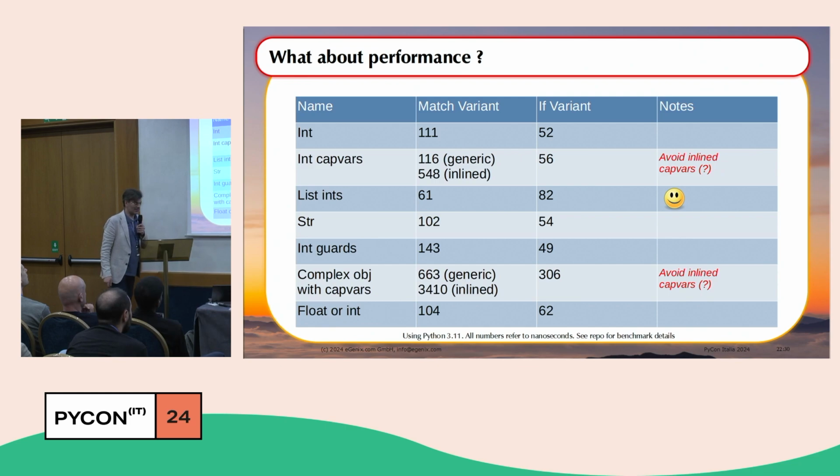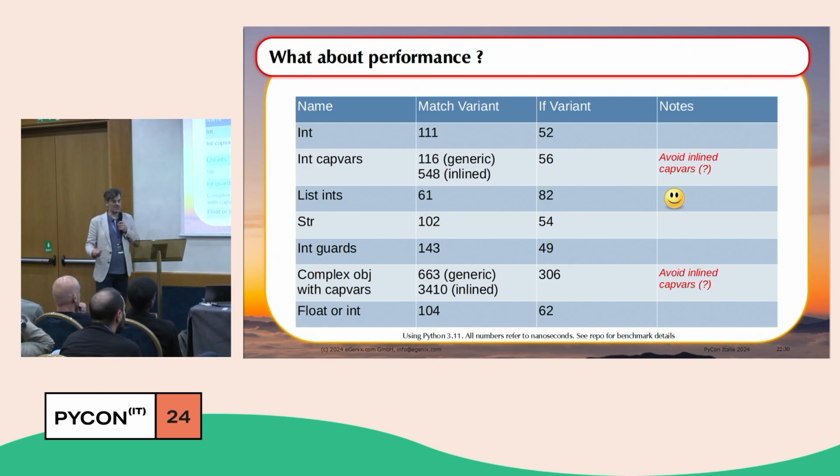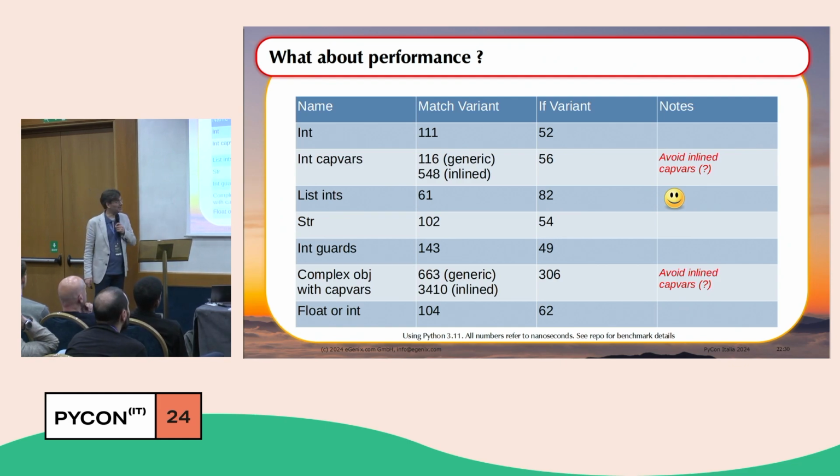Right. So those were the examples. Now some benchmarks. Of course, I'm always into performance, so I wanted to see how it performs. I compared the match variant with the corresponding if variant using isinstance. And what you see here is basically a collection of benchmarks.